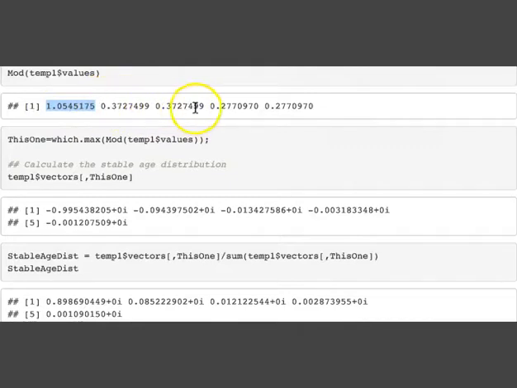The moduli of the other eigenvalues are listed here. There are groups of 2, or pairs, that have exactly the same value of modulus, because there are 2 eigenvalues that are complex conjugates, and each of those complex conjugates has the same modulus, and similarly for the next two eigenvalues. But out of these 5, there is one eigenvalue with largest modulus or absolute value, and the eigenvector we want is the eigenvector associated with that eigenvalue.